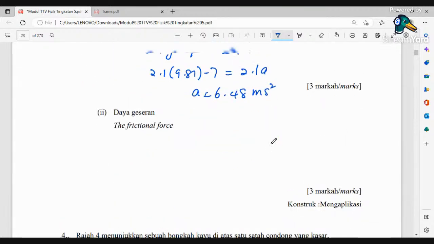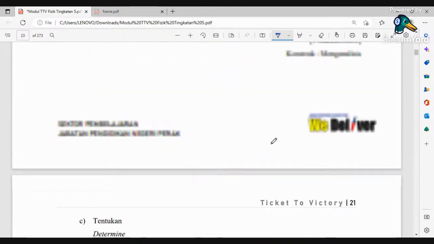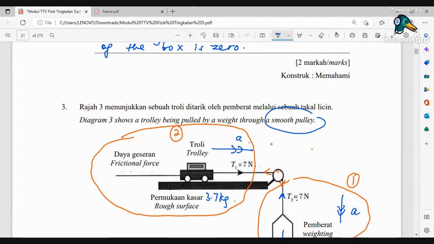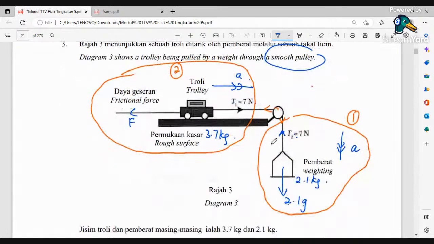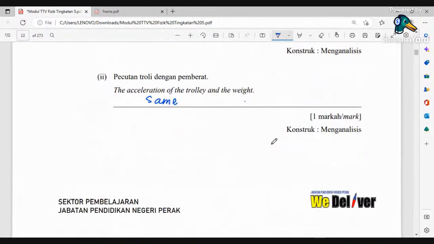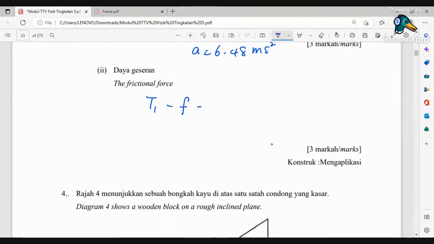Okay, to determine the frictional force, we use the second system. System A is moving to the right, so take right side as positive. So T1 minus F equals to 3.7 a. Okay, T1 minus F equals to 3.7 a.